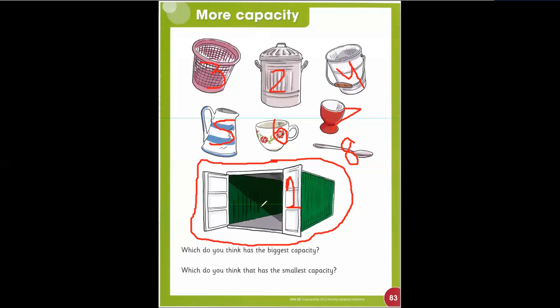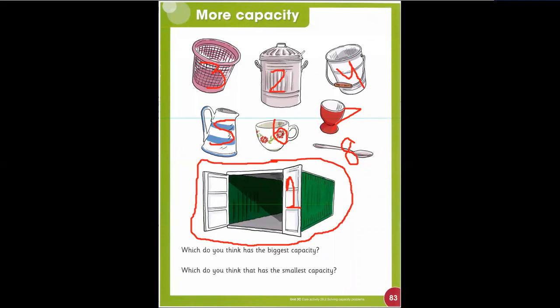So in the container, we can put a lot of things. It holds the most. Which has the smallest capacity?